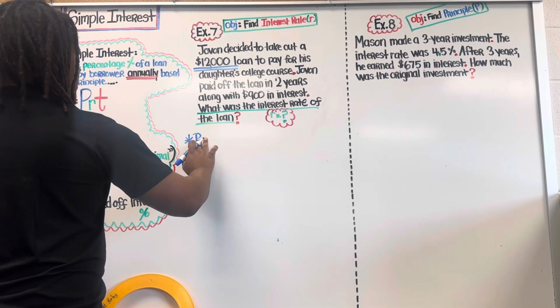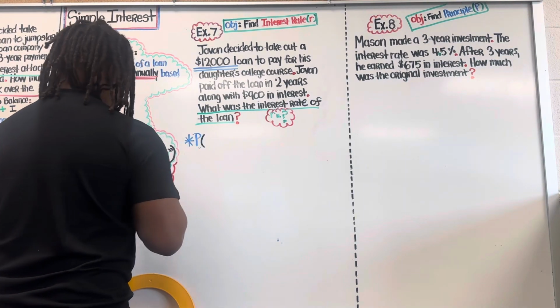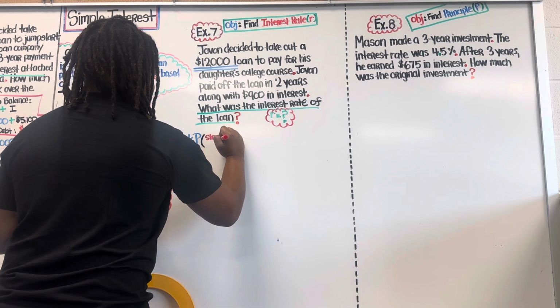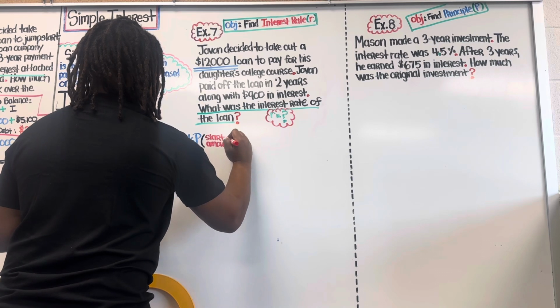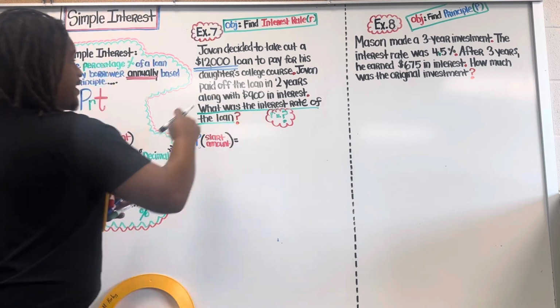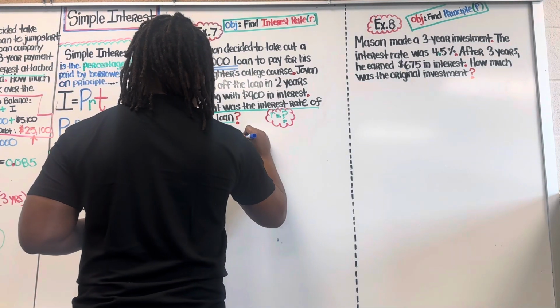And another thing, guys, is we also know that another phrase or word for principal is start amount, all right? Or the initial amount, okay? And the principal, or the amount that he took out initially, was $12,000.